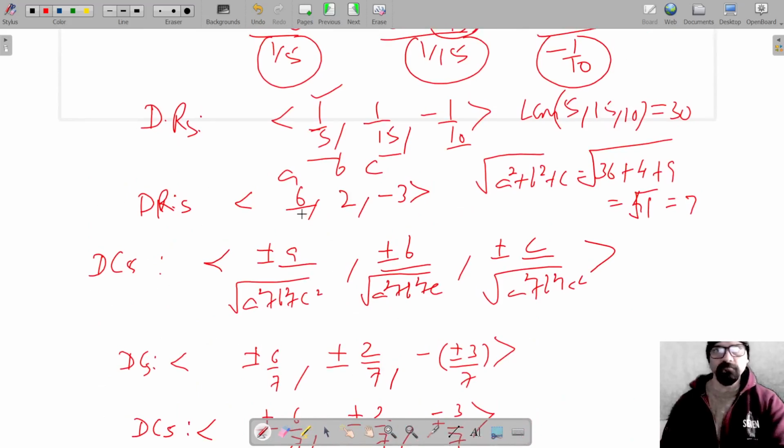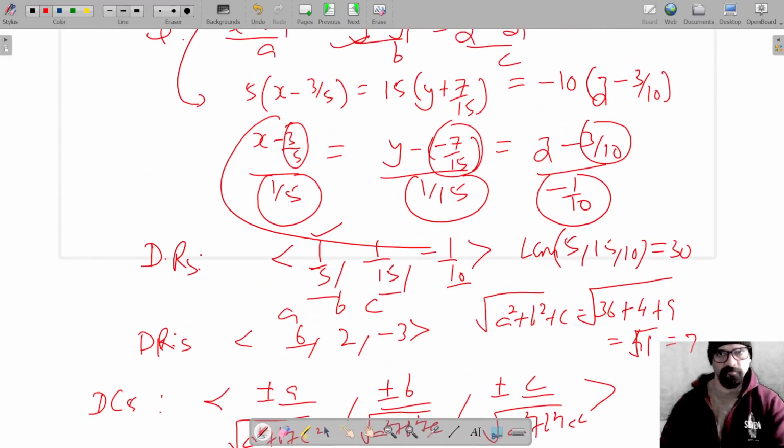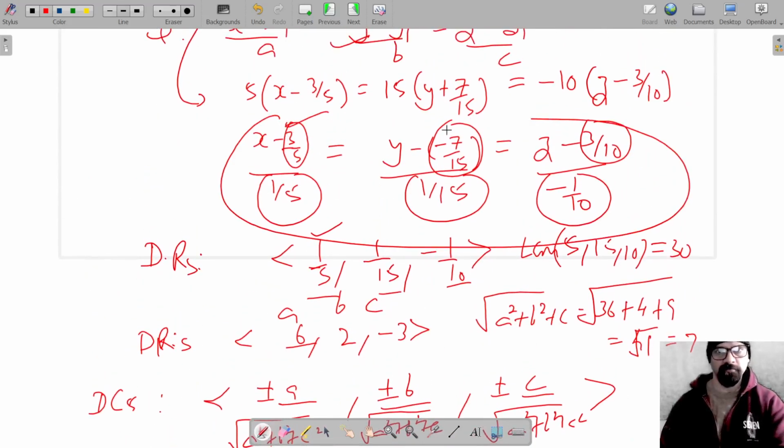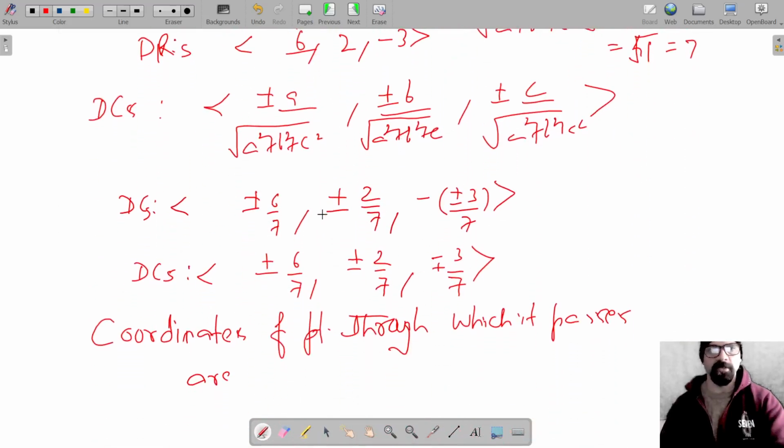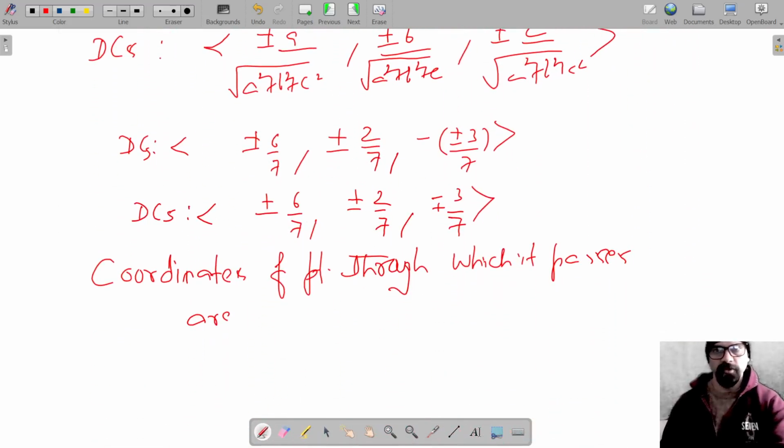We can get that from the equation in the standard form: this is 3 by 5, negative 7 by 15, and 3 by 10. So the coordinates of the point through which it passes are 3 by 5, negative 7 by 15, 3 by 10.